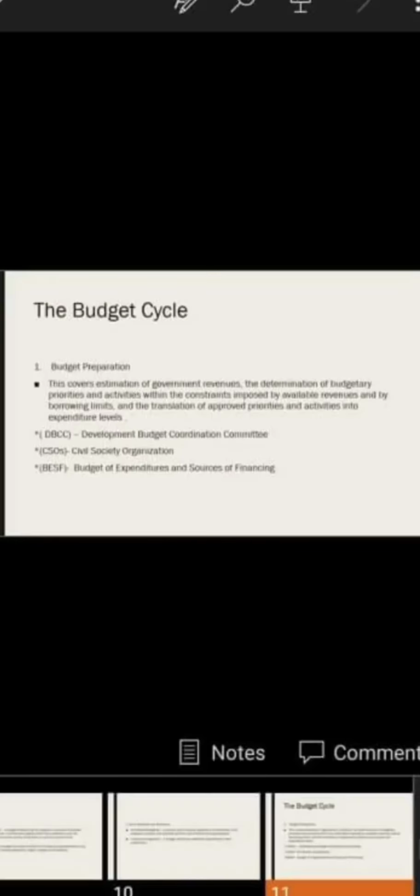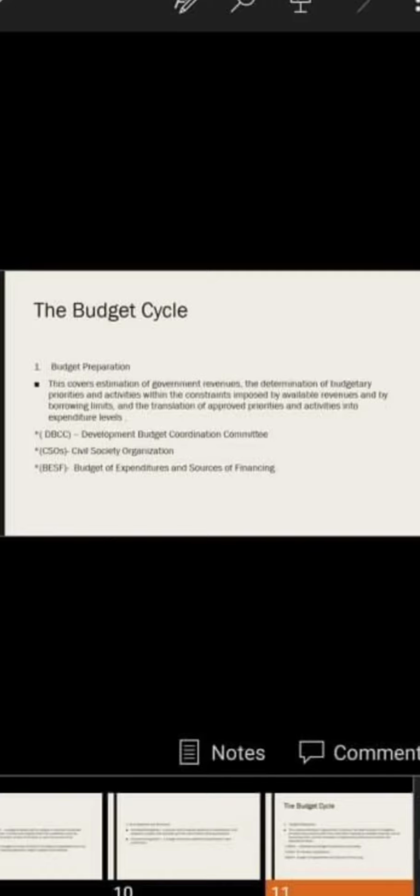The budget cycle is the life of a budget from creation or preparation to evaluation. Most small businesses don't use the term budget cycle, but they use the process and go through each of its four phases. The first phase is budget preparation.